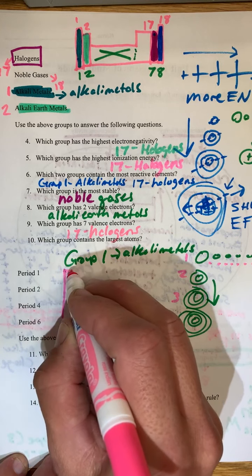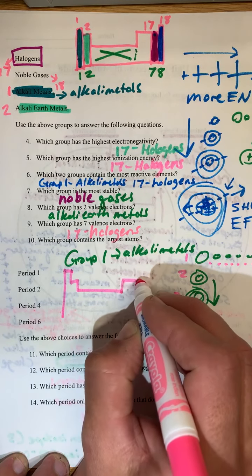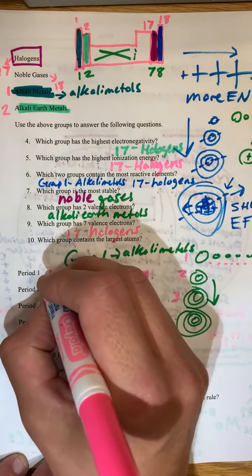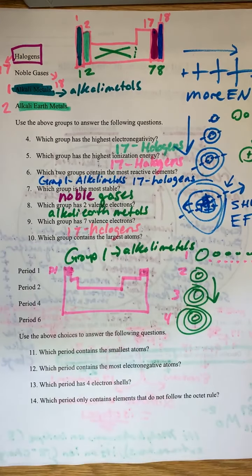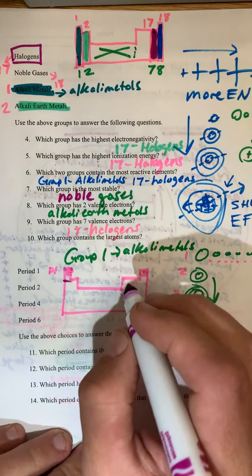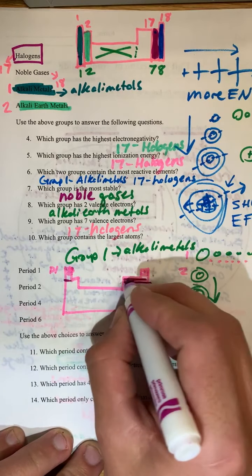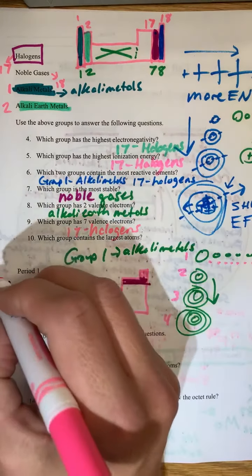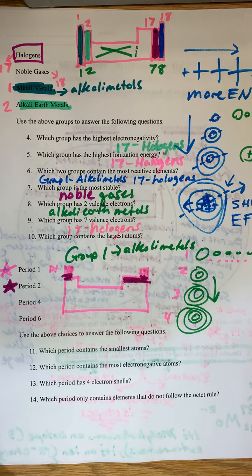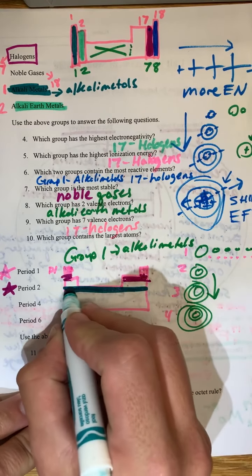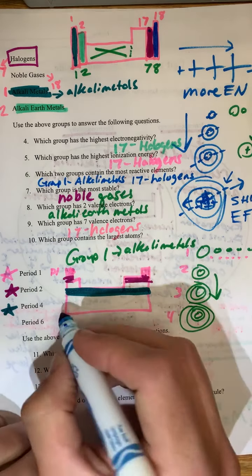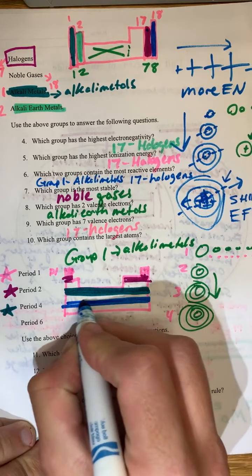Okay, so you've got, this is going to be period 1, followed by period 2, followed by period 4, which would be this guy right down here, followed by period 6, which is next to last down here. Okay.